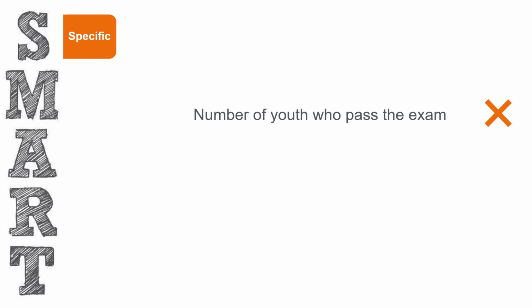Now, let's look at some examples, starting with specific. Consider the indicator "number of youth who pass the exam." This is not a specific indicator for a couple of reasons. First, how are we defining youth? And second, what does it mean to pass the exam?